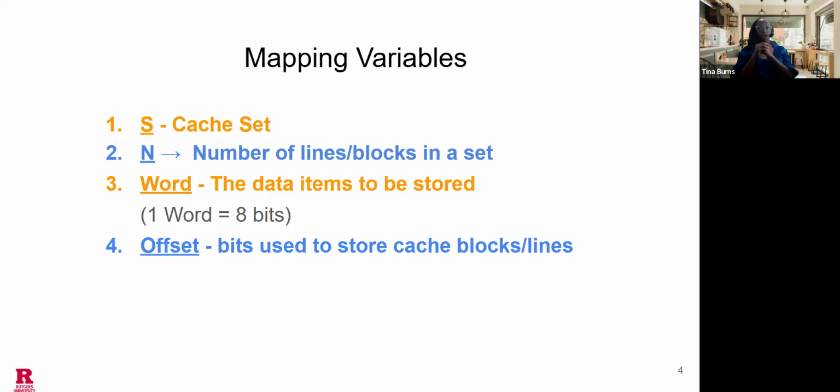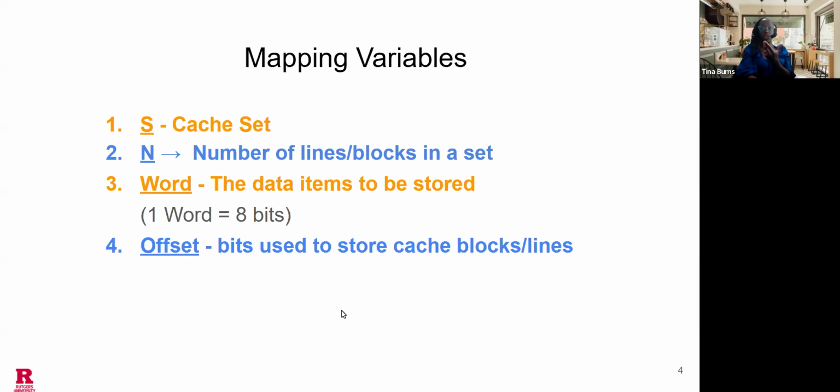When we talk about offset, an offset refers to the number of bits used to store the cache lines or blocks. So keep in mind that when I represent a memory address in the cache, I need some bits that are specifically allocated towards telling you where it is in the cache.